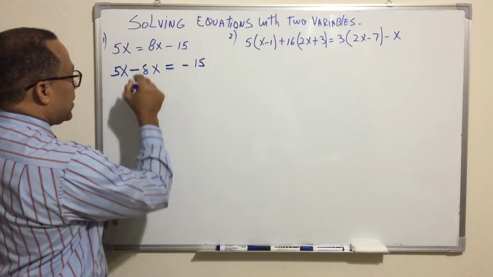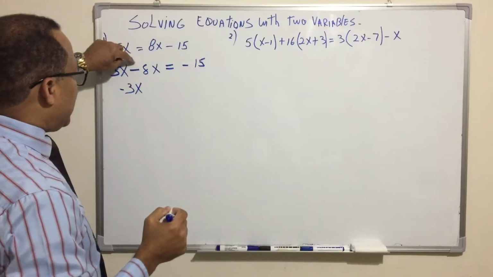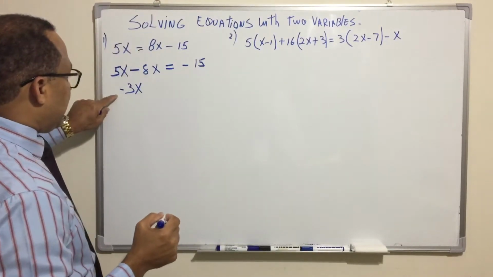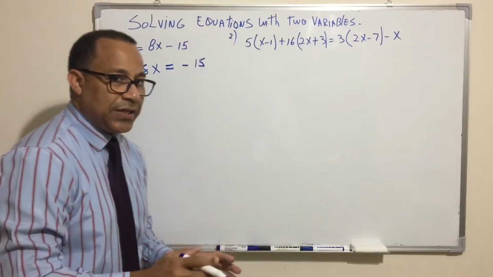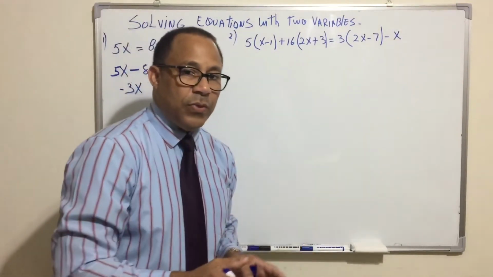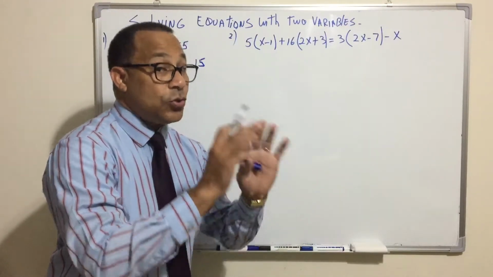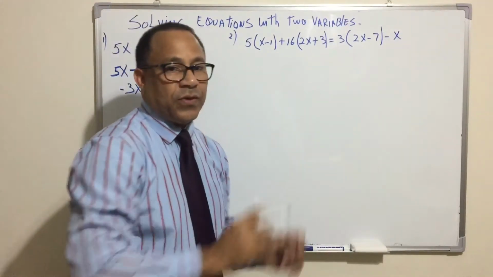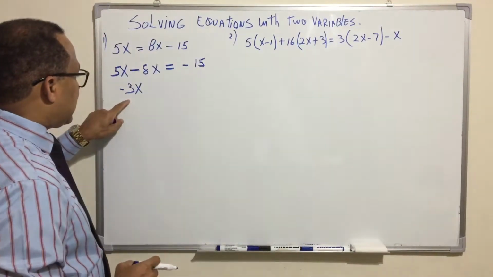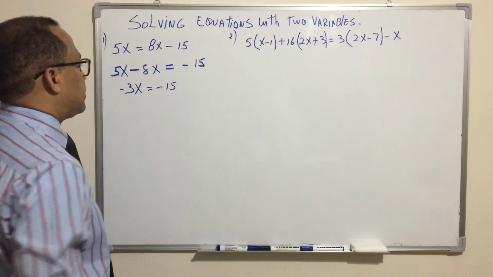The sign of the greatest is negative and then x. 5x minus 8x equals negative 3x. The rule says in addition and subtraction, when you have numbers with different signs, you subtract them, and you copy the sign of the greatest. That's why I got negative 3x equals negative 15.